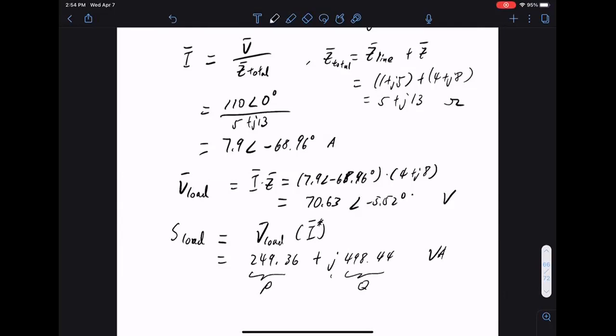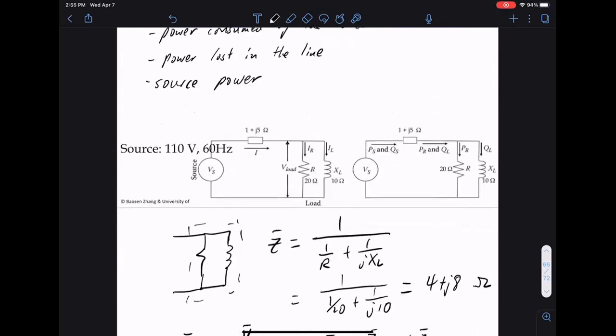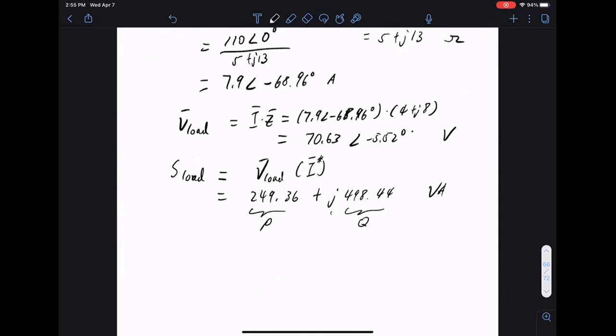The next is, how do you compute, say, the power loss on the line? Right, so how do I compute the power that's consumed by this component, this 1 plus j5? Just the same thing.